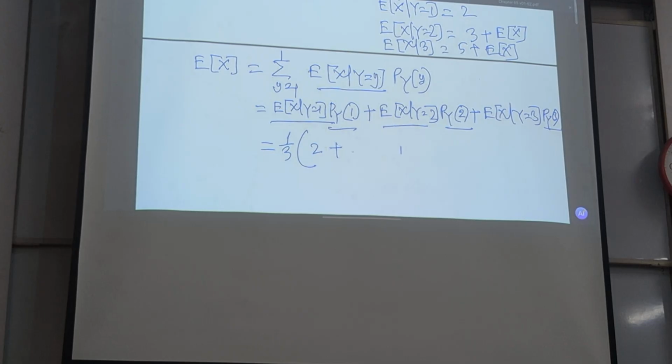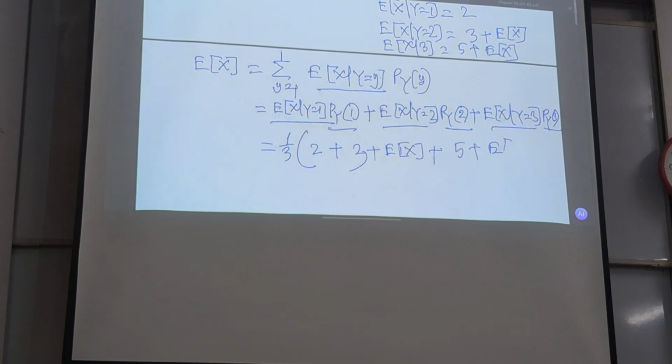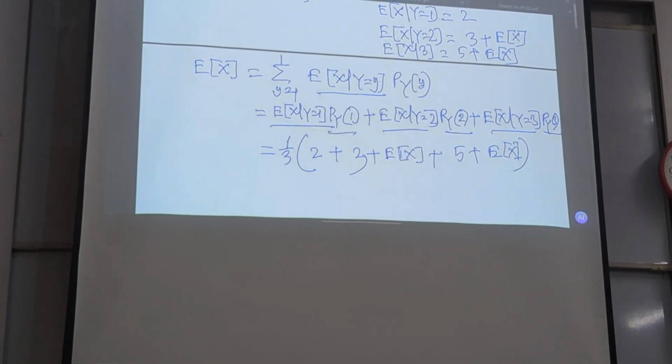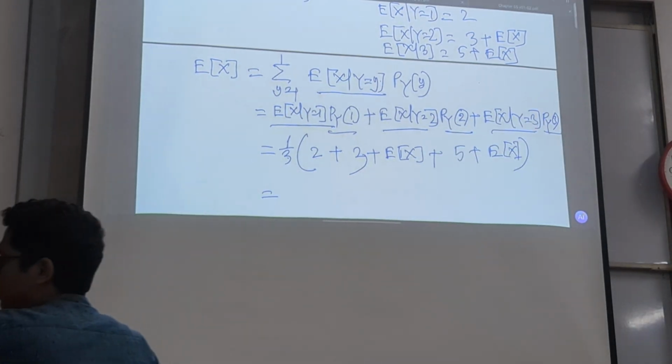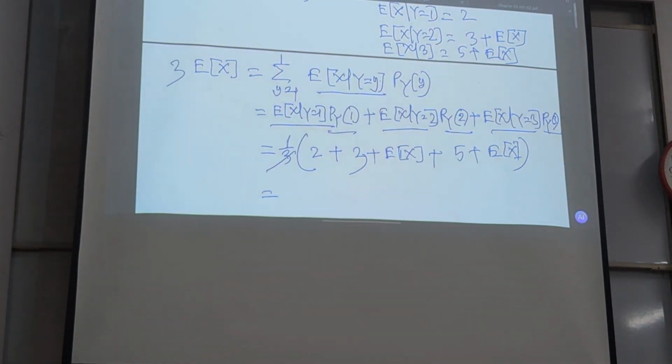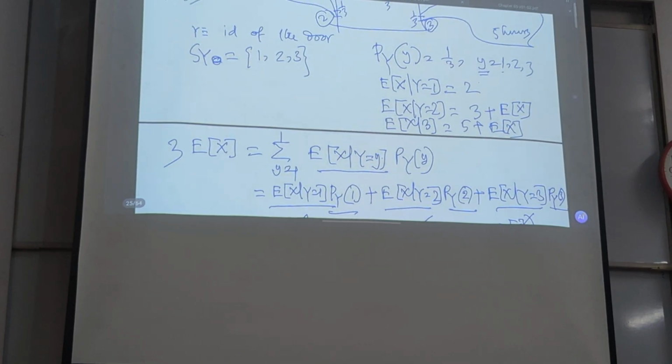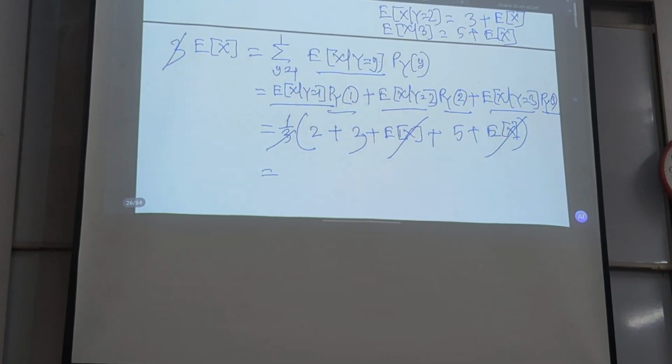What is this? 3 plus expected value of X. And this one is 5 plus expected value of X. Then we will get 3 expected value of X on the left hand side, and on the right hand side we have 2 expected value of X. Then this expected value of X is what?